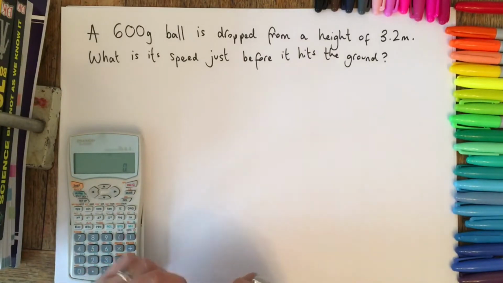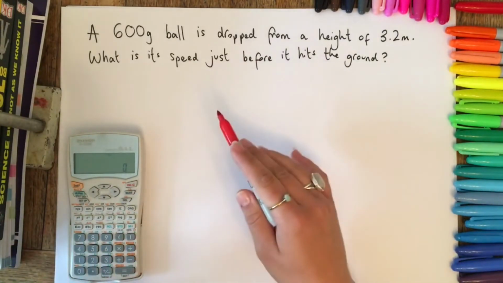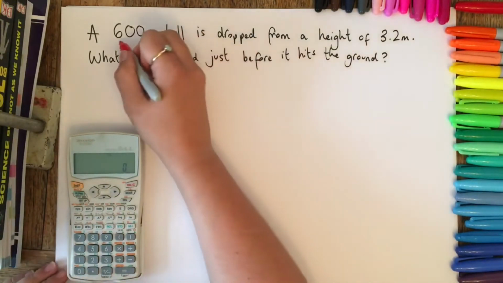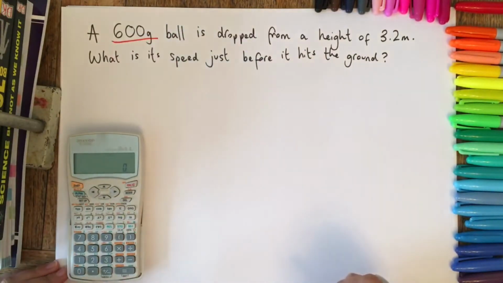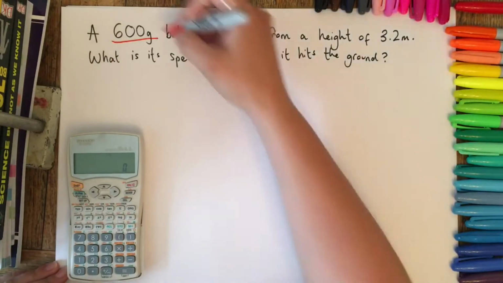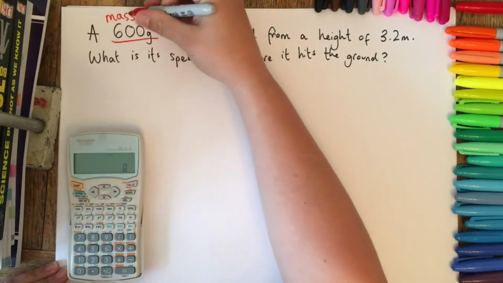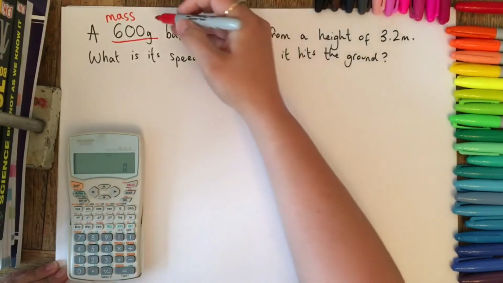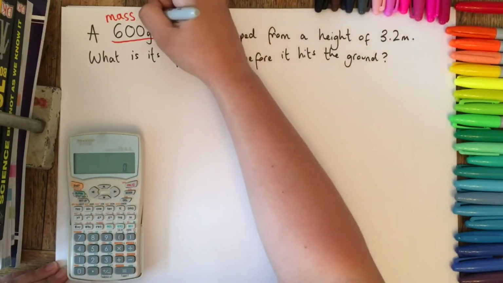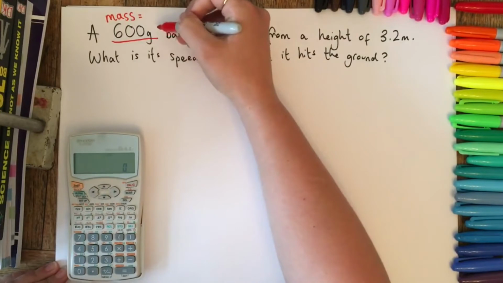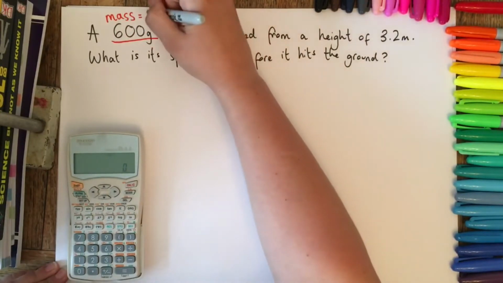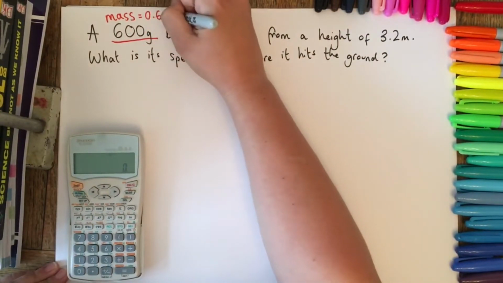The first thing that I would always get you to do is to think about what values we are actually given in the question. We're told that it's a 600 gram ball. So the first thing I would do is write what this means. 600 grams is mass, except that we don't do mass in grams, we do mass in kilograms. So you need to convert this. 600 grams in kilograms is 0.6 kilograms.